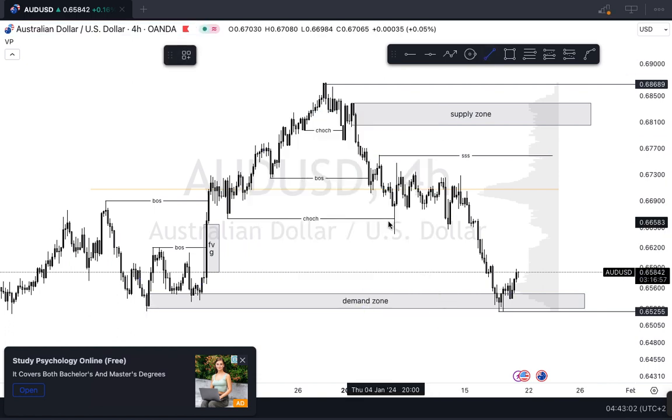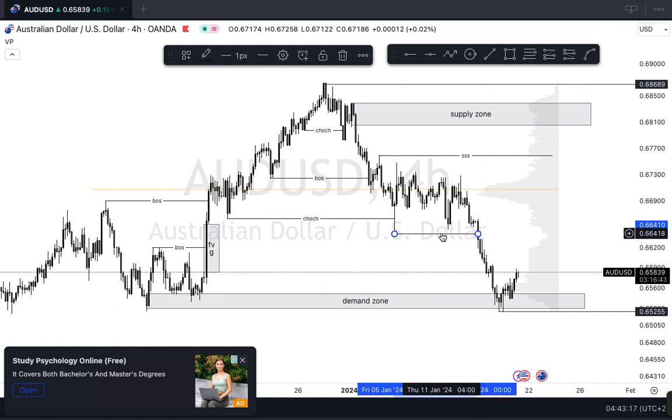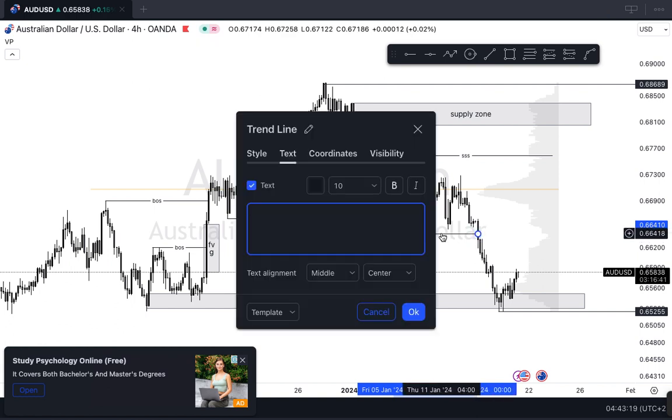Then from here we saw that the market gave us this low and then it went up, then it came back and took out that low, right? Since it took out that low, it also gave us another break of structure here, which was our last BOS.